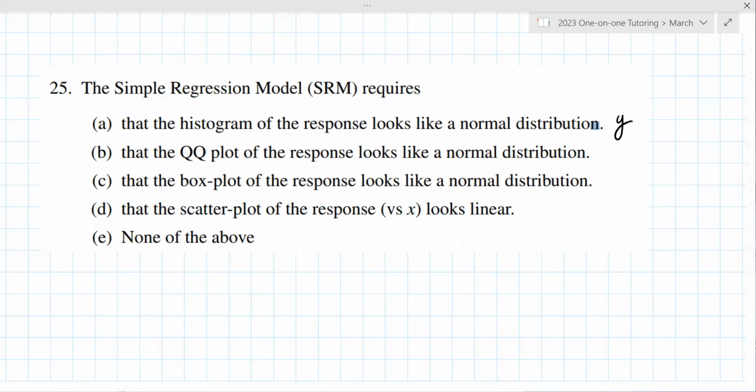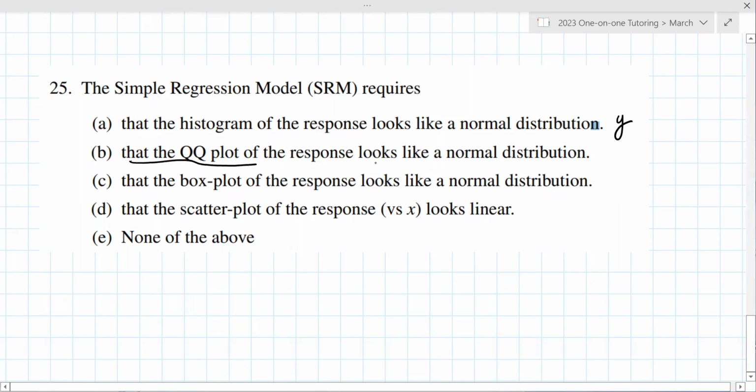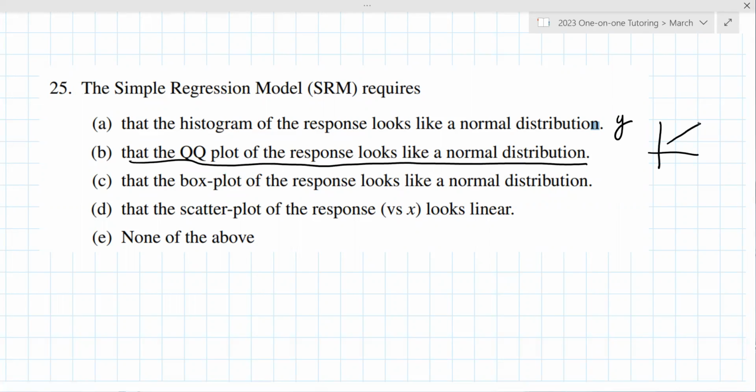So the QQ plot is the residuals, and generally there's a linear pattern, and that needs to be normally distributed. Or, no, the QQ plot of the residuals is generally a straight line.